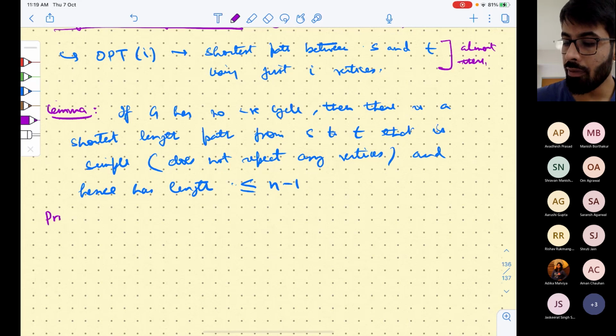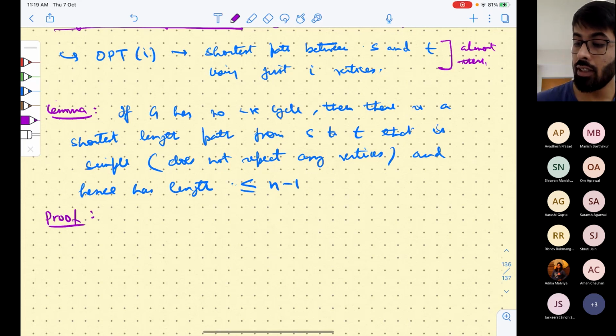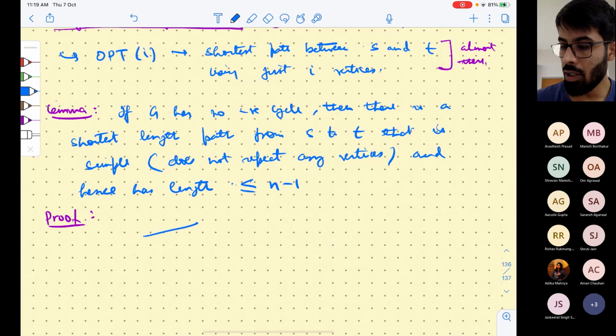And what is the proof of this? Anyone quickly? What happens if vertices get repeated? Since there are no negative cycles, we can remove all the edges between the cycle and we'll get a path with lesser cost. Exactly. So suppose you have a path which repeats some vertex. So suppose this vertex gets repeated. That means there is a path from it to itself, which is a subpath of the original path.